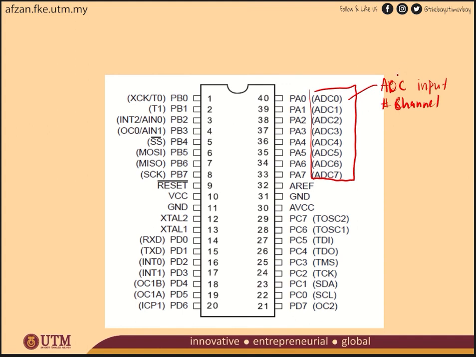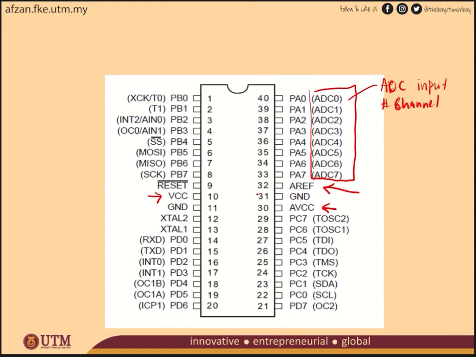Okay, and then the VREF that you can choose is coming from your VCC, and the other one is coming from your AREF. This is your VREF selection, and another one is coming from your internal, which is 2.56 volt.